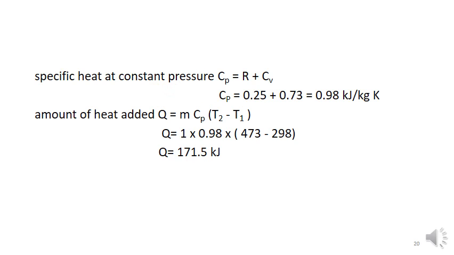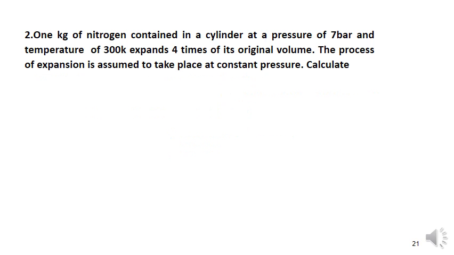So we'll go to the next problem. Here 1 kg of nitrogen contained in a cylinder at a pressure of 7 bar and temperature 300 Kelvin expands to 4 times its original volume.